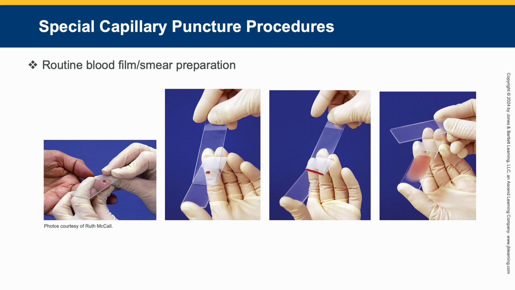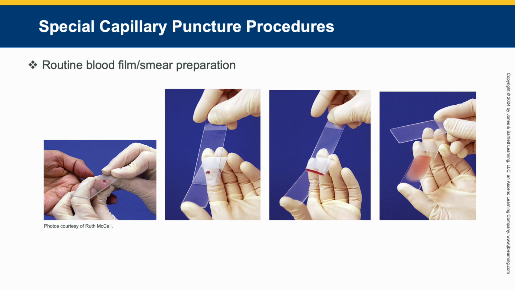You're going to push the spreader slide from the drop in one smooth motion, carrying it the entire length and off the end of the blood drop slide. Do you see it in that last picture? You're going to let the weight of the spreader carry the blood, and this is what creates the smear. Do not push down on the spreader because this is going to create lines and ridges, and then they can't do that blood smear. You're going to place the drop of blood for the second smear on the spreader slide.